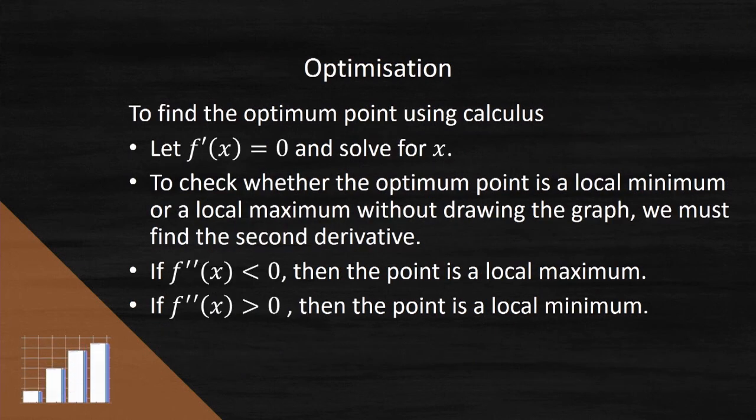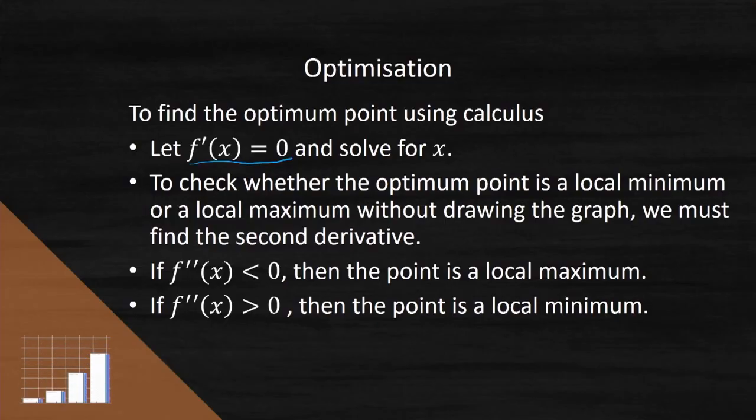So to find this optimum point using calculus, there are certain steps that we use. The first thing we do is we let the derivative equal 0 and we solve for x. So say, for example, the question said, what are the dimensions that will minimize the area to be fenced in if we're talking about a garden that we want to fence in? Well, the first thing we'll do is we'll find the derivative of the function we are given, set it equal to 0, and then solve for x.